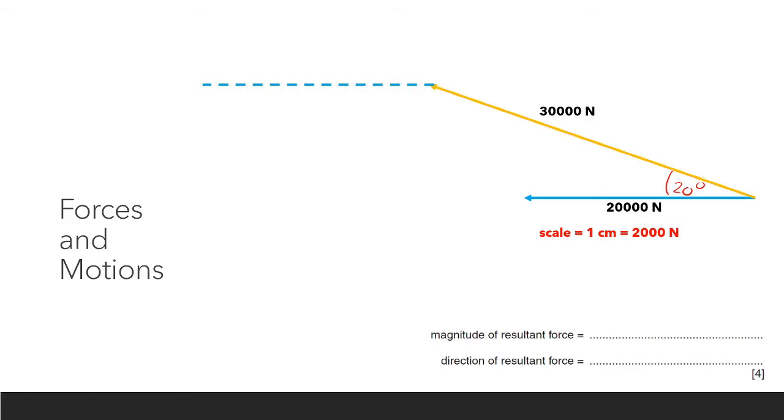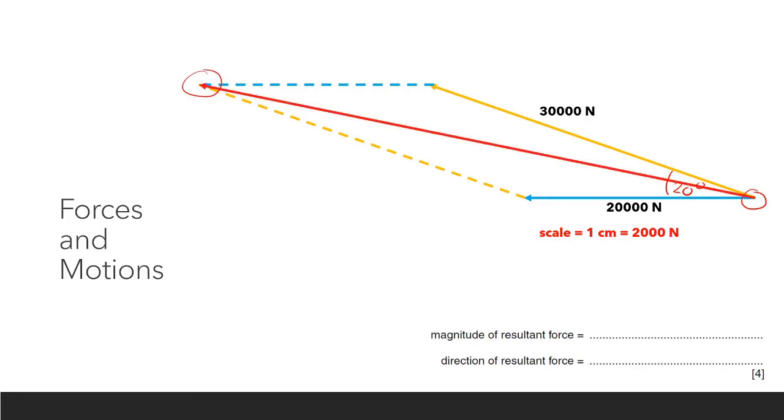Then, draw one more line which is parallel to the 30,000 Newton force and also has the same length. After we get a complete parallelogram, join these two lines with a straight line. This red line represents the resultant force.